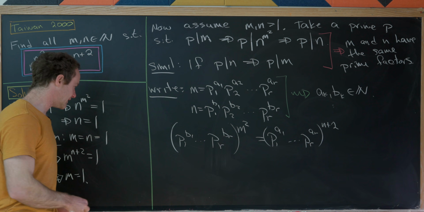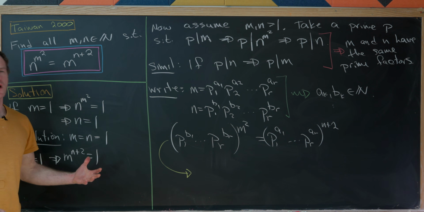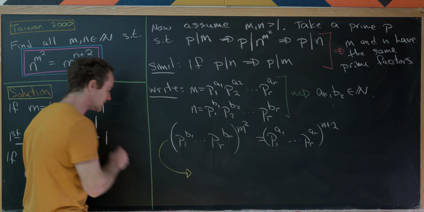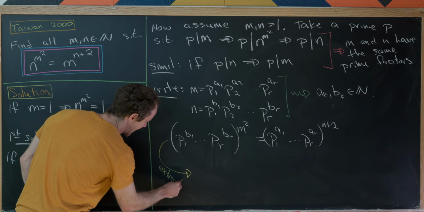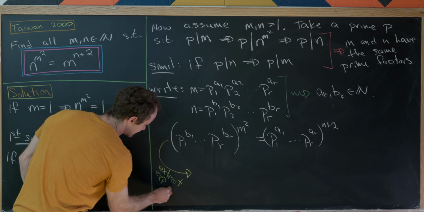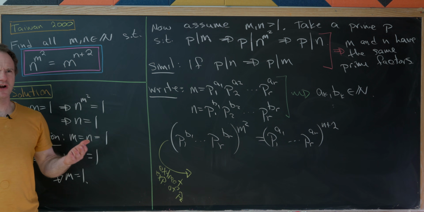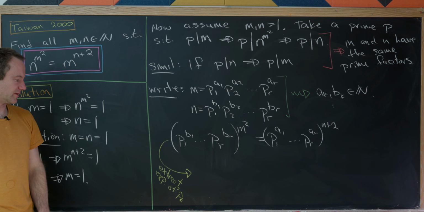Great. And then from here, what we'll do is extract the exponent of pk for an arbitrary k here. So let's maybe write that here. We're going to extract the exponent of pk. And this extraction is a well-defined operation because we're talking about a prime here.